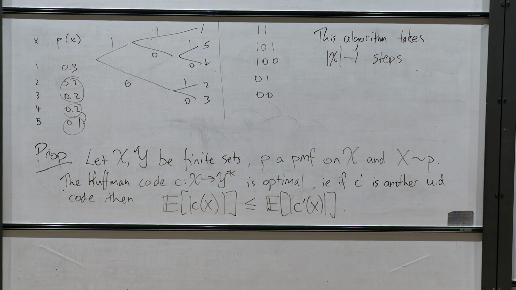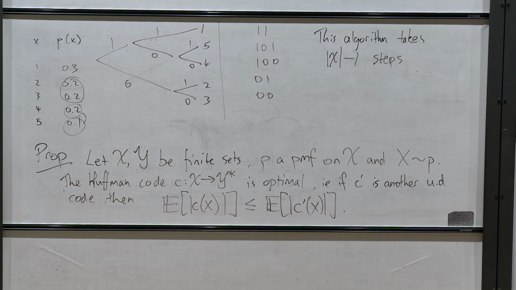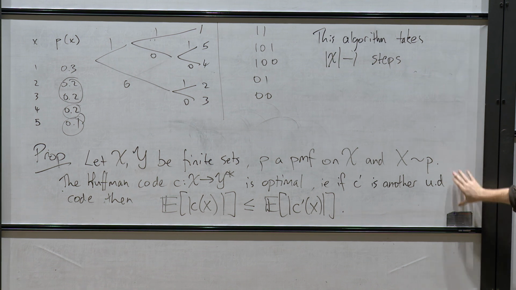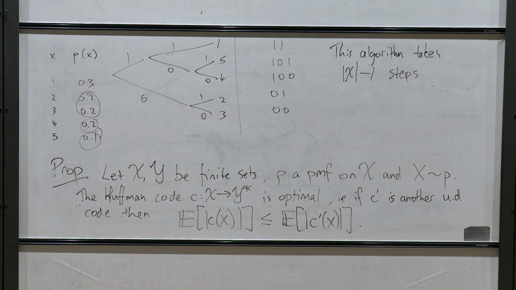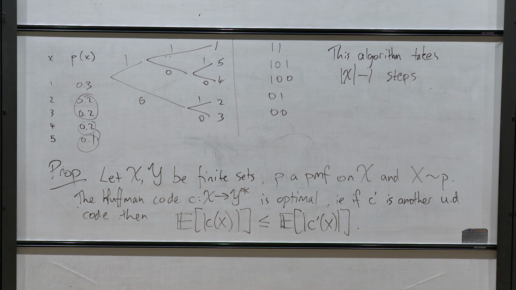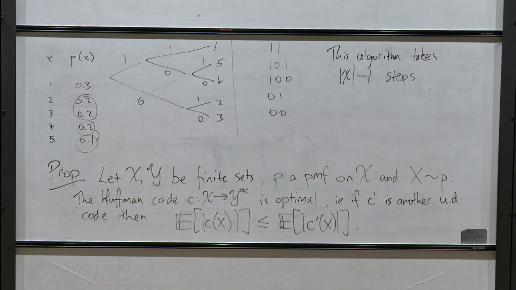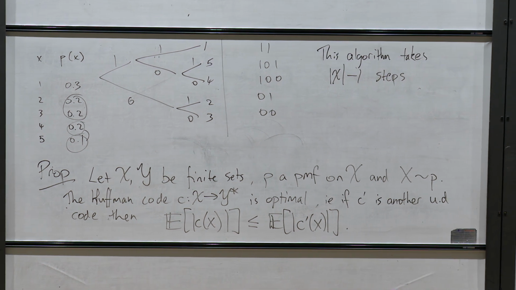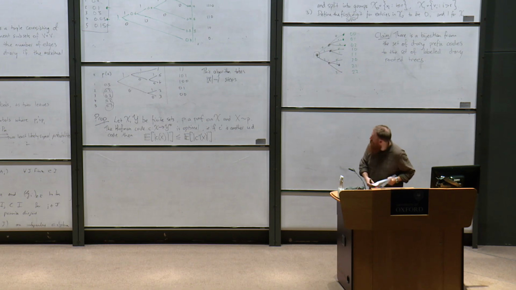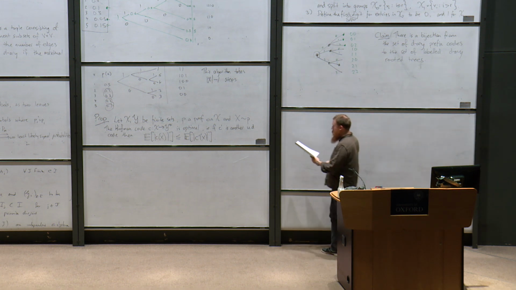The next step, which we're not going to get through fully today, is to try and prove this fact. To prove the optimality, what do we need to do? Well, we need to prove some properties of codes, and in particular trees. So we'll start with this lemma.